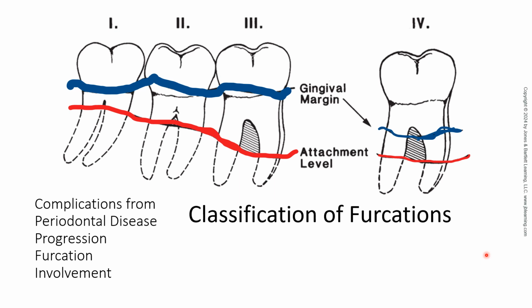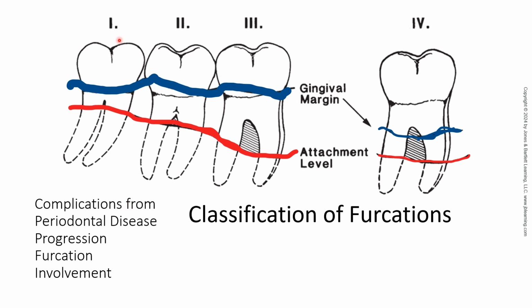Glickman's furcation grades were previously discussed in detail in Chapter 20. You can see the different furcation grades in this picture. The way you detect it is going to be with your Nabers probe.